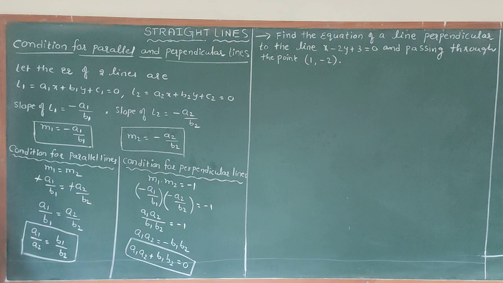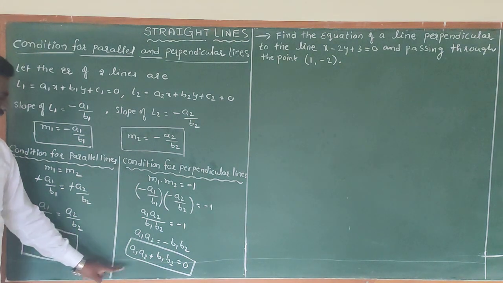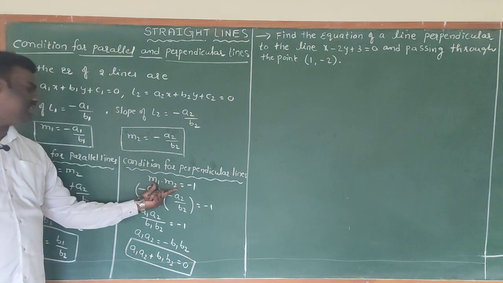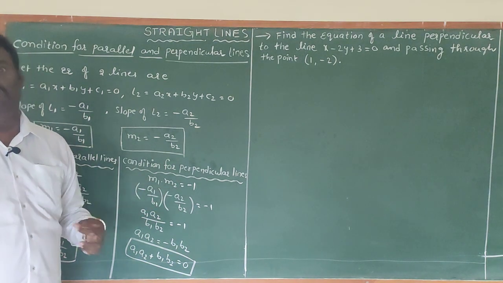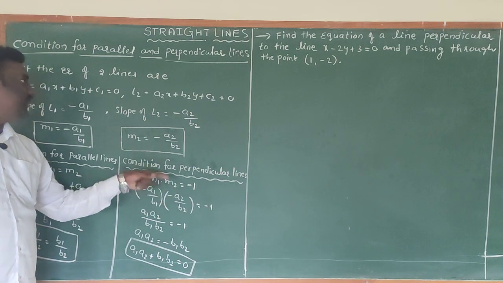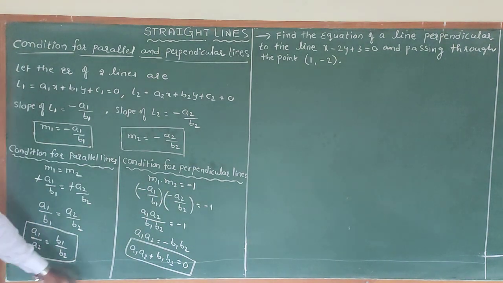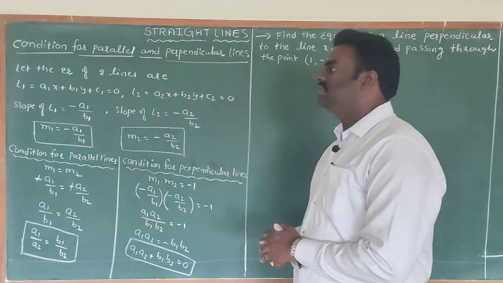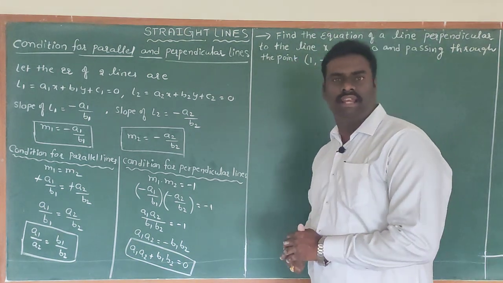As well as one more condition, a1 a2 plus b1 b2 is equal to 0. When we are using this condition, if you know the slope of first line and second line, use this formula. If you know the equation of straight line, use the condition a1 a2 plus b1 b2 is equal to 0. So these are the conditions for parallel lines and perpendicular lines.